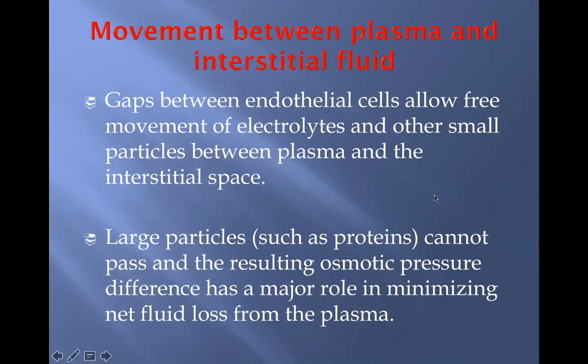What about the movement? We have two types of movement. First one, we have just mentioned, between intra and extracellular compartment. Second one, between the plasma and interstitial fluid within the extracellular compartment. The first one is controlled by the osmolarity. The second one, which we are talking about now, is controlled by other mechanism.